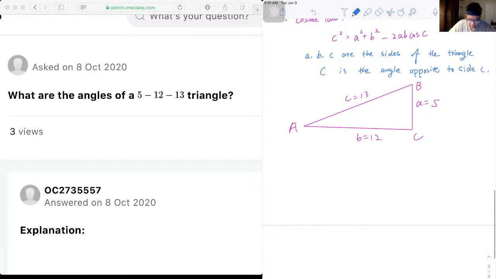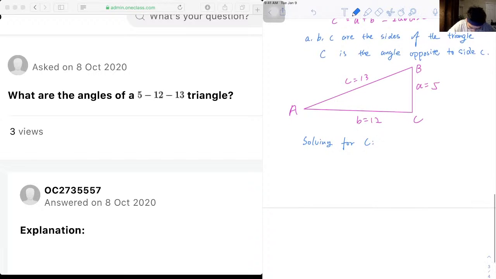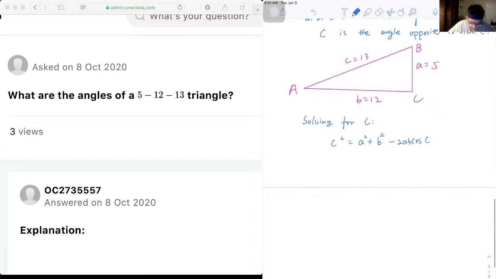So let's write it down here. Solving for C. Okay, so c squared is equal to a squared plus b squared minus 2ab cosine C. Then we just substitute the numbers in.